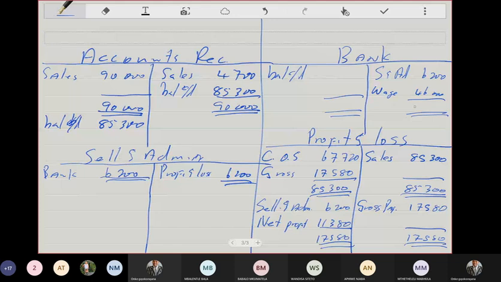That gives us 52,200, which is 52,200. Also, your balance brought down 52,200. That's it. That's how we balance the accounts, and we finished the exercise.